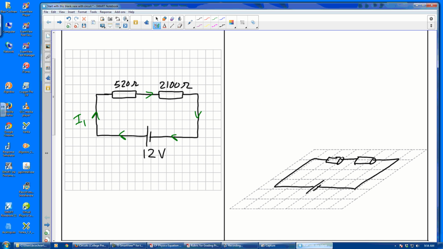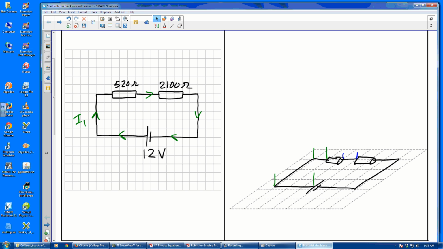So I've sketched my circuit there in my plot area, and now I know on this side it's up at 12 volts. So all of these are the same height, and then it drops down to something less than 12 volts in between those 2 resistors.